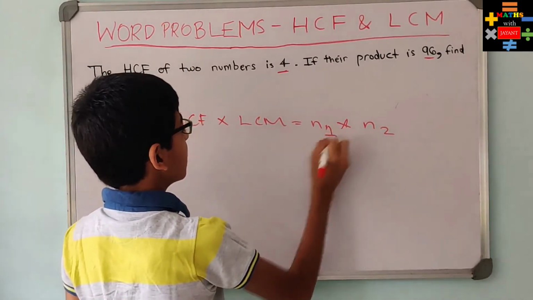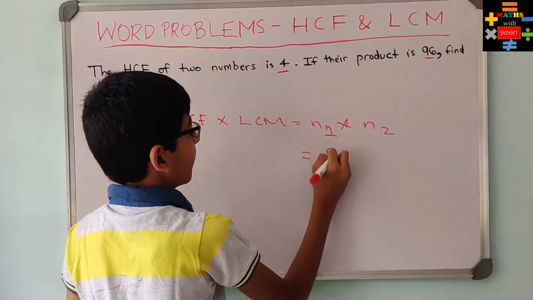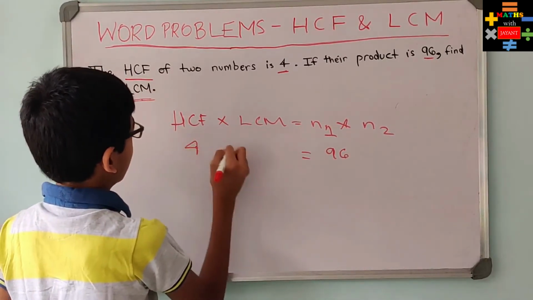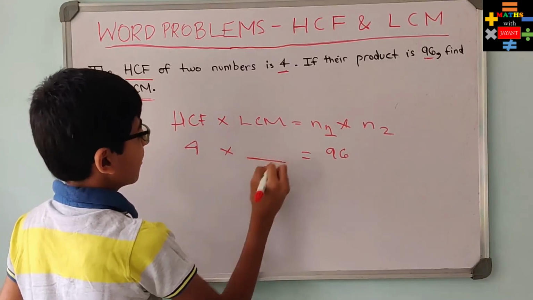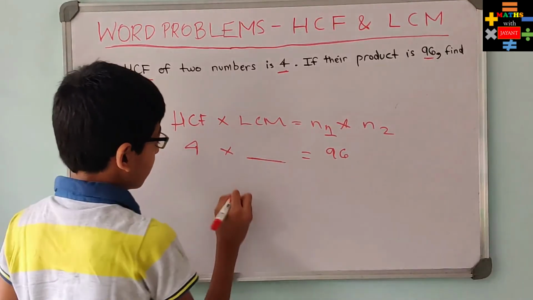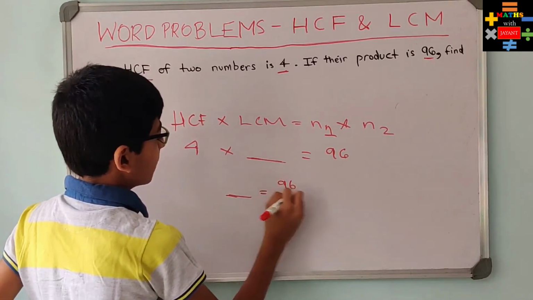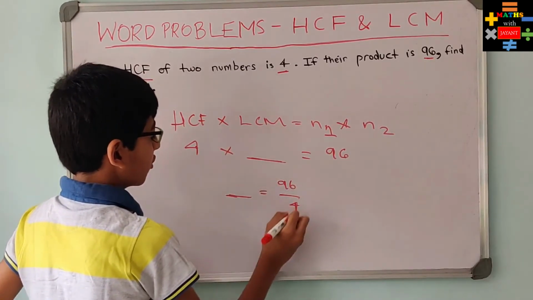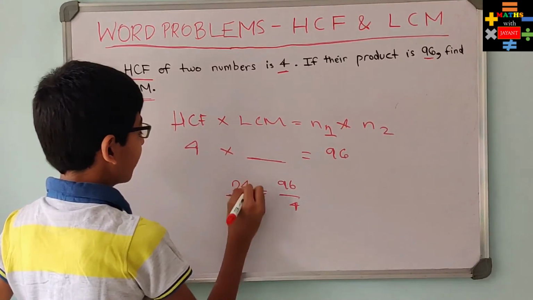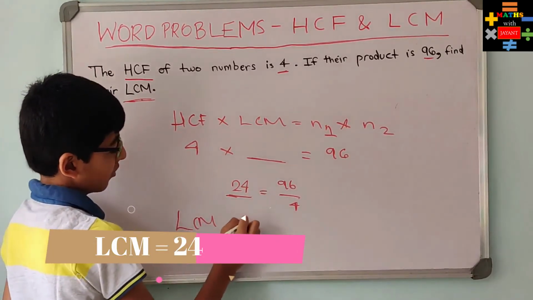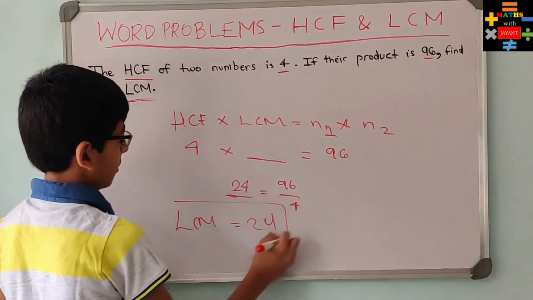The information given to us is that the first number into the second number is 96 and the HCF of these two numbers is 4. So 4 into something gives us 96. How to find this something? The something is going to be 96 divided by 4. And if you solve this, you'll get 24. So the LCM of those two numbers is going to be 24.